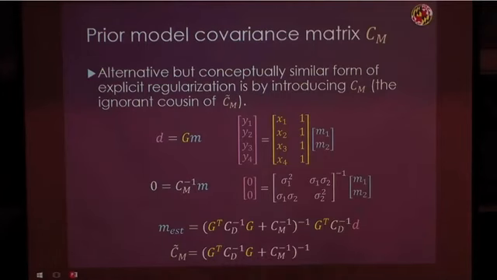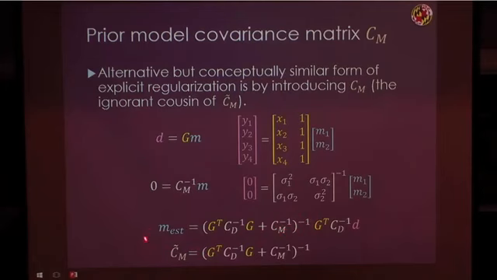So you define this model covariance matrix ahead of time. You define the variance you expect for one model parameter, for another model parameter, and the covariance between the two of them. And you add this matrix, just like you did with the other matrix, to this G transpose C_d inverse G, and you hope that now it can have an inverse because you added it.